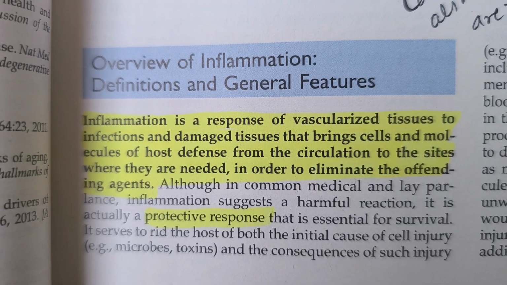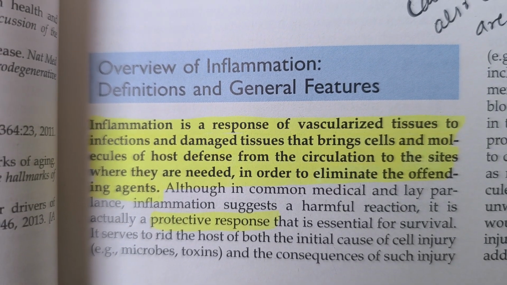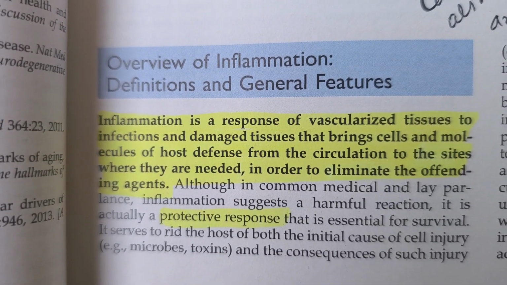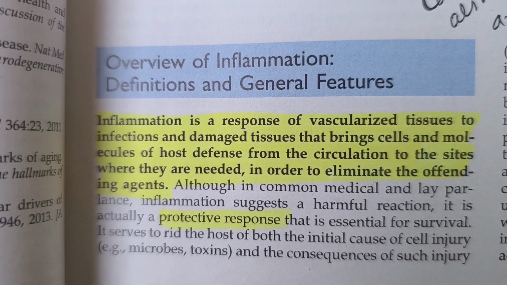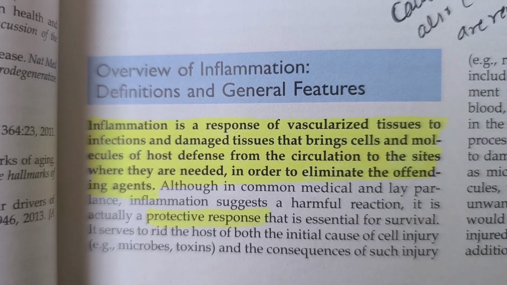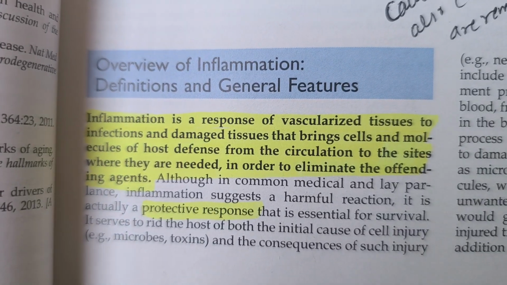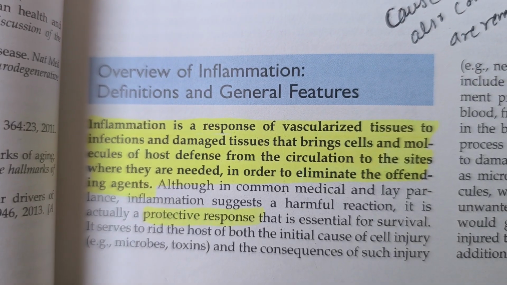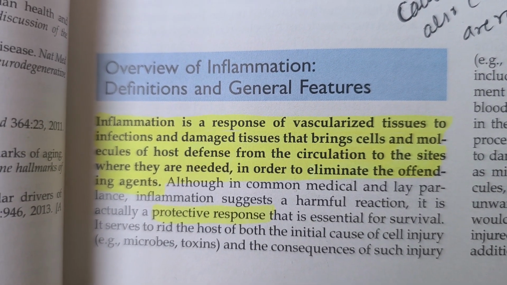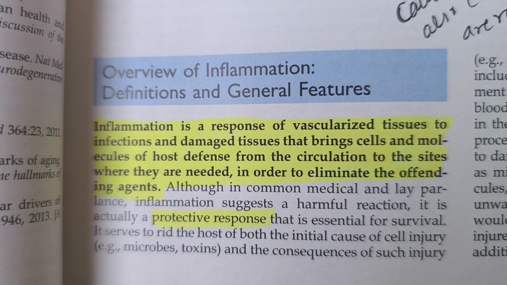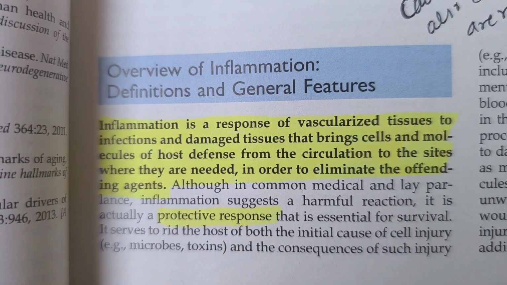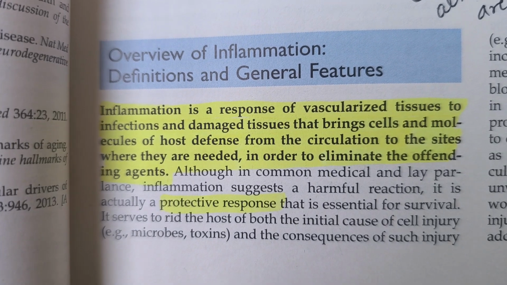So inflammation is a response of the vascularized tissue to any kind of infectious agent or the tissue which is damaged, and this response occurs by bringing the cells which are flowing in the normal circulation of the host defense into the site where they are needed to bring about the response.